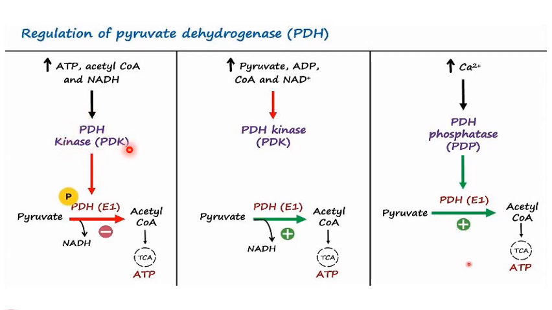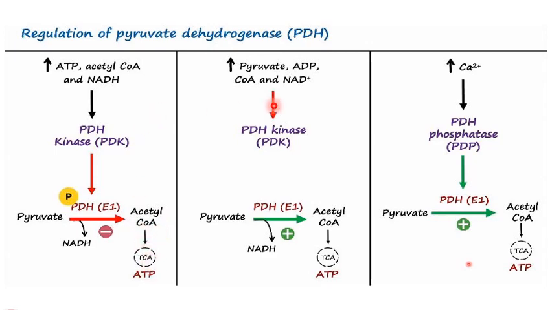Remember the function of kinases is to phosphorylate. So when the pyruvate dehydrogenase complex is phosphorylated, it is deactivated, and there will not be any need to produce acetyl-CoA or energy.